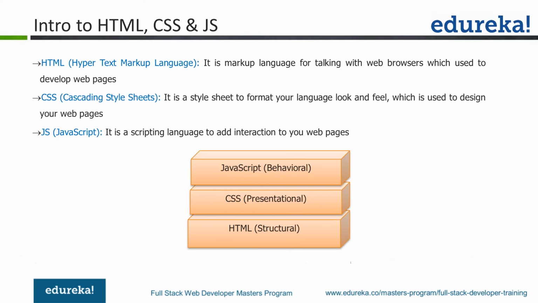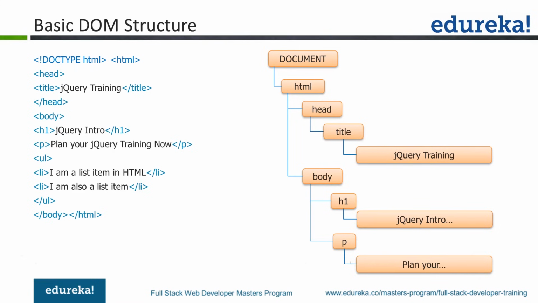JavaScript adds interactivity to your web pages. You're going to see now what the ways are in which you can add interactivity to your web page. And as the image shows, HTML is for structure, CSS is for presentation, and JavaScript is for behavior. So let's look at the basic DOM structure.